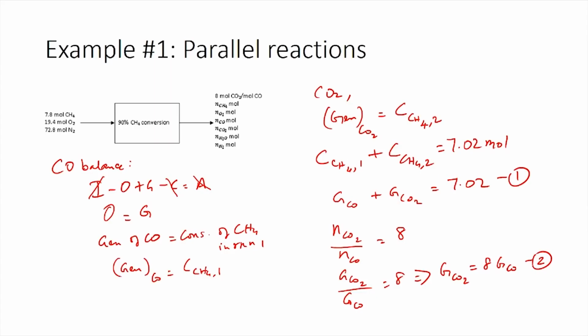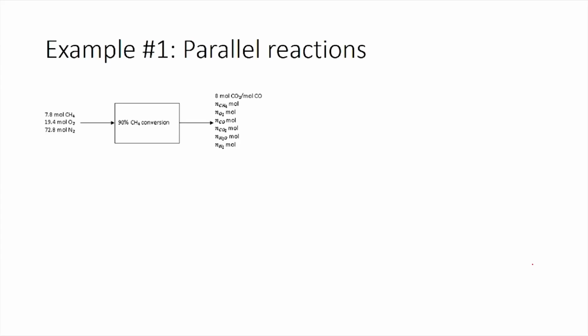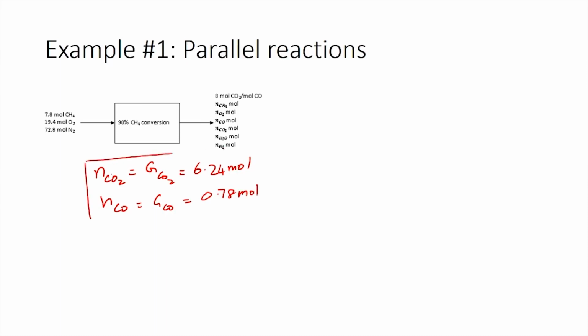By solving these two equations, we get NCO2, which is equal to generation of CO2 as 6.24 moles, and NCO, which is equal to generation of carbon monoxide, again equal to 0.78 moles. So this gives us the information about the carbon monoxide and carbon dioxide leaving the system.